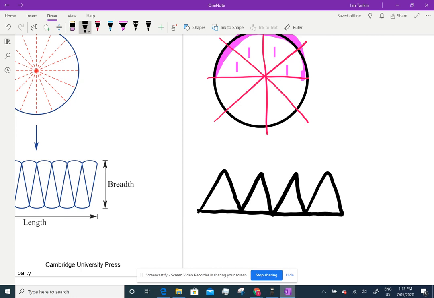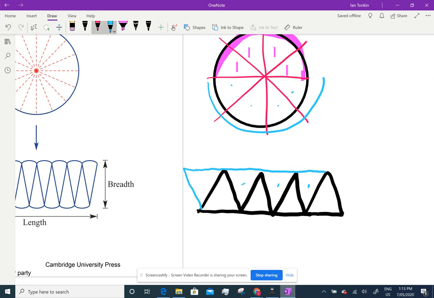And then if I unfolded the second bit, this bit here, and put it directly on top, again I've got 1, 2, 3, 4.